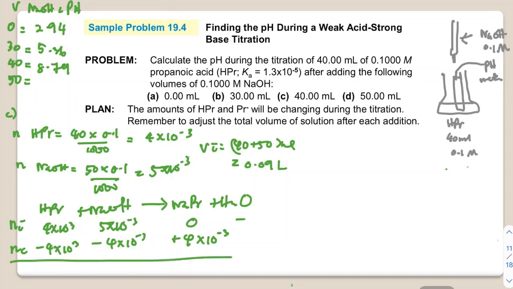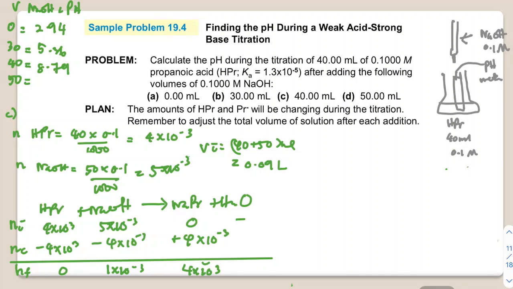Therefore, n final will be 0 for HBr, sodium hydroxide 1 times 10 negative 3 left, and NaBr formed is 4 times 10 negative 3. So let's look at the components in our conical flask. After 50 ml of the sodium hydroxide is added, we have strong base and salt.